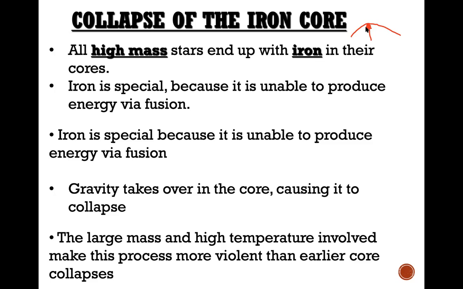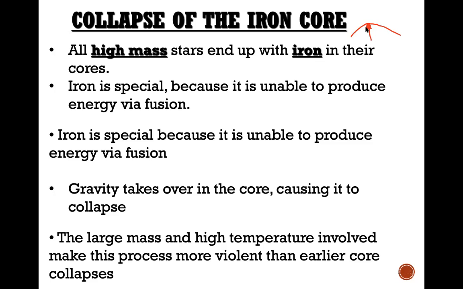Once you do not have any nuclear fusion reactions going on in the central region of the star, there is nothing to produce pressure to balance the gravity, and because of that, gravity takes the lead and will continue to collapse the star, because gravity is an attractive force. Now it will collapse the whole star, right?